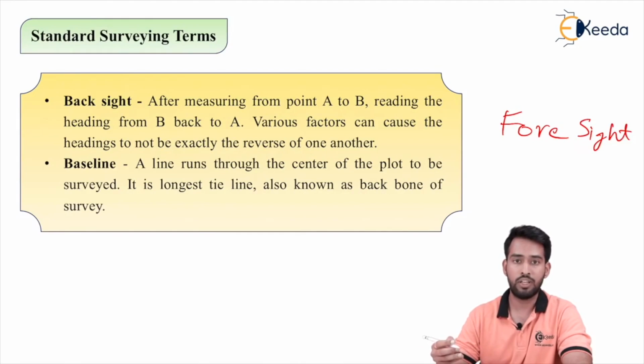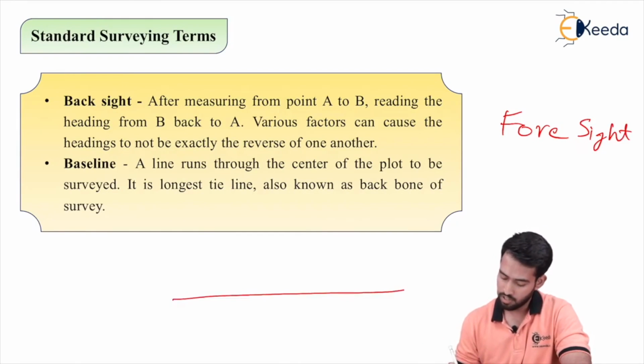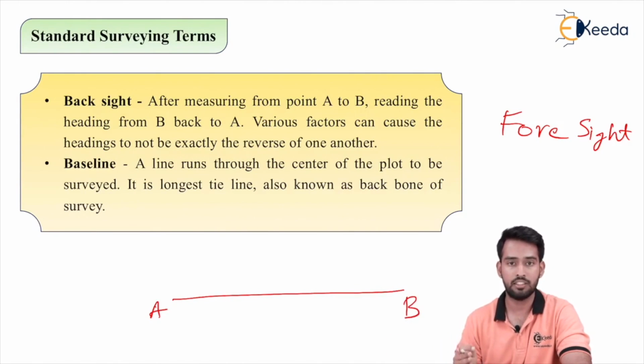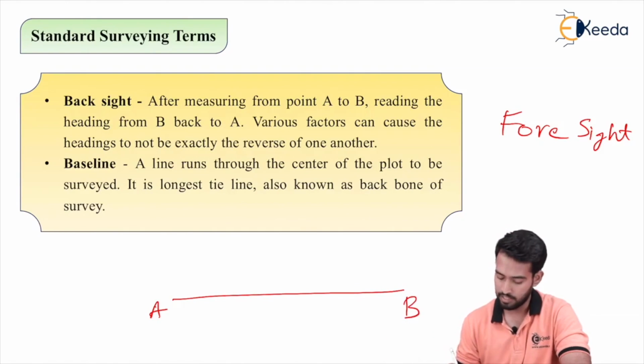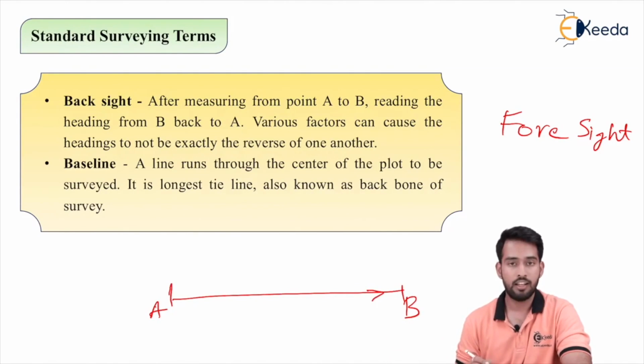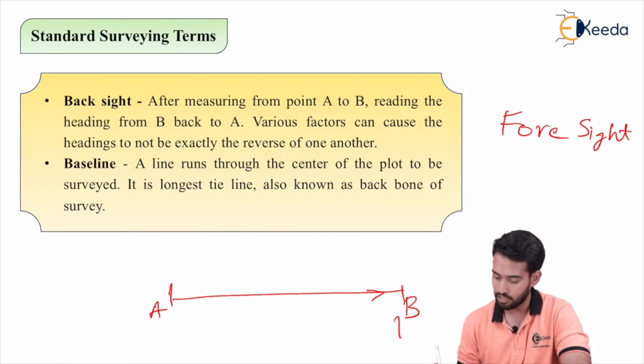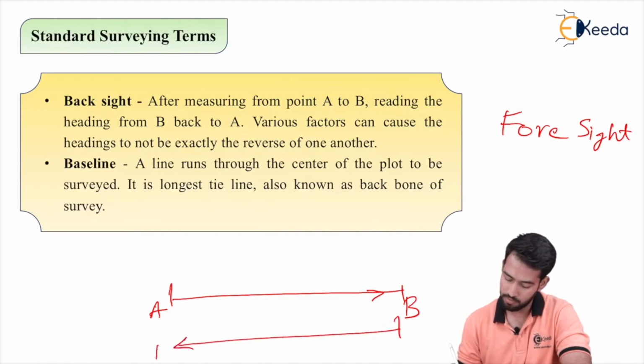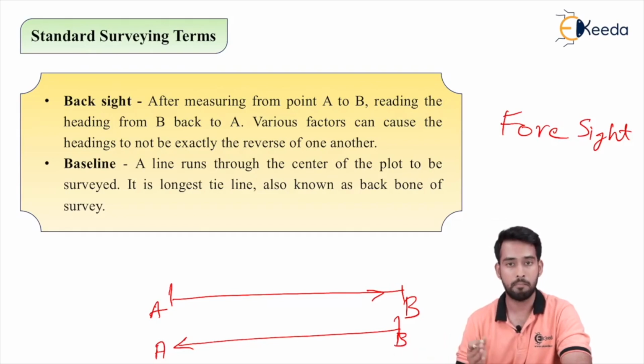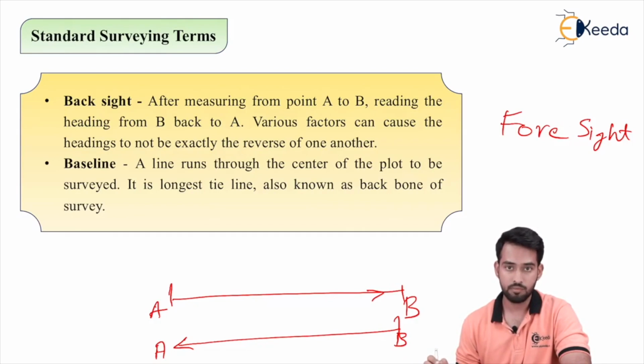We are doing a survey and proceeding from point A to B. Whenever we proceed from A to B, or measure a distance or angle from A to B, it is known as foresight. And opposite of it, if we are calculating a distance from B to A, it is known as backsighting. So foresighting and backsighting.